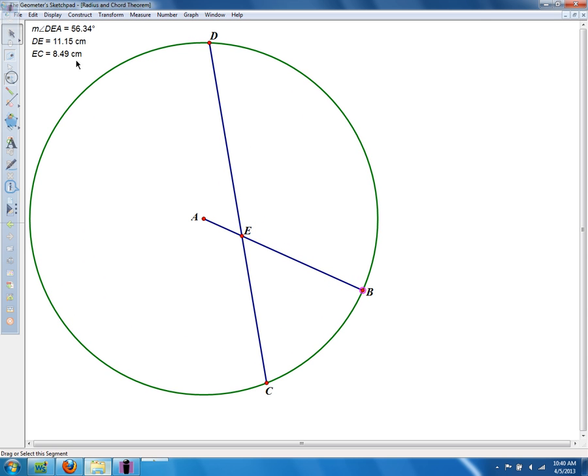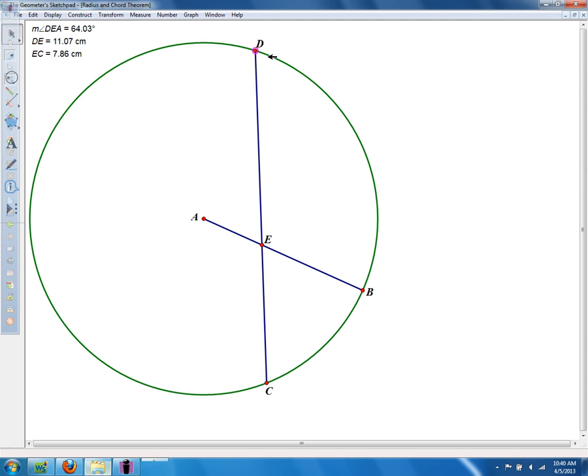Right now, those two lengths are fairly different. What do we think is going to happen as this angle gets closer to 90 degrees? How do we think this length from B to E is going to compare to length E to C? It's going to shrink. Anybody have any prediction of how they're going to compare?